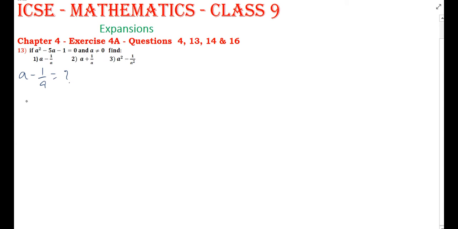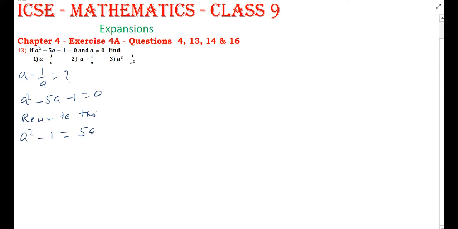So we can take the given condition, a² − 5a − 1 = 0. We can rewrite this. We can take 5a to the right hand side: a² − 1 = 5a.